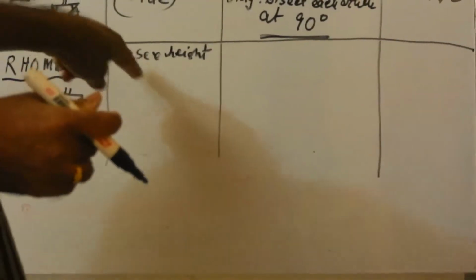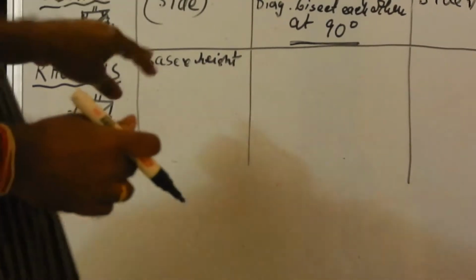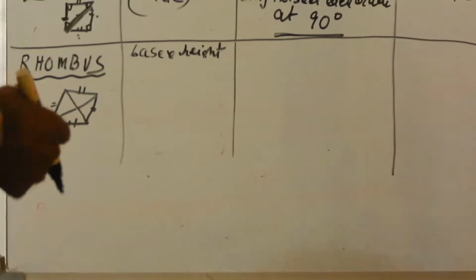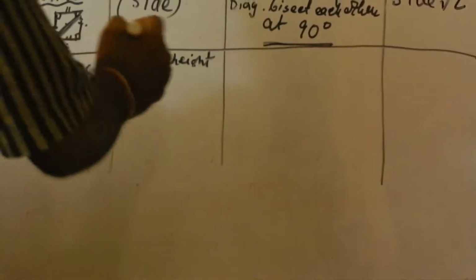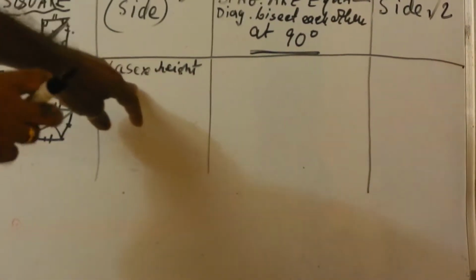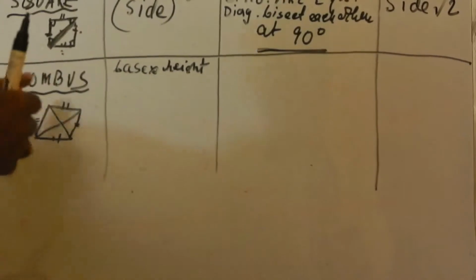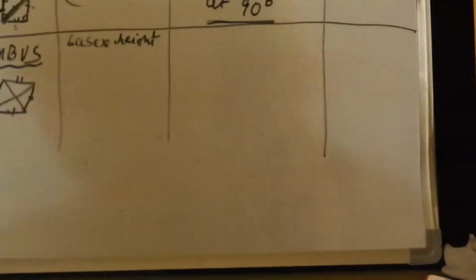For the triangle we have done earlier half into base into height, and for the rhombus, as for a parallelogram, it is base into height, but both of them are not always given. So most of the time, in case of rhombus, the diagonals are used.